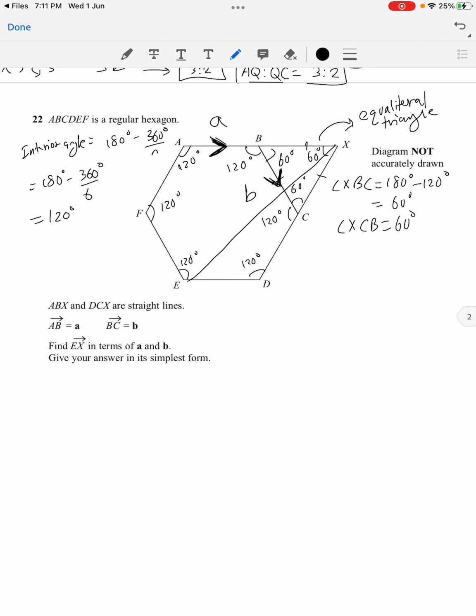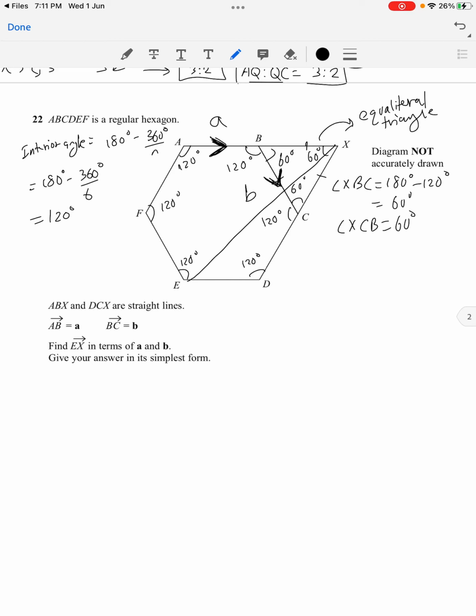The reason I found the angles was to make sure that triangle XBC is an equilateral triangle, and that the regular hexagon has all its angles. So we calculate the interior angle of the hexagon to find out if triangle XBC is equilateral, with all angles equal to 60 degrees.